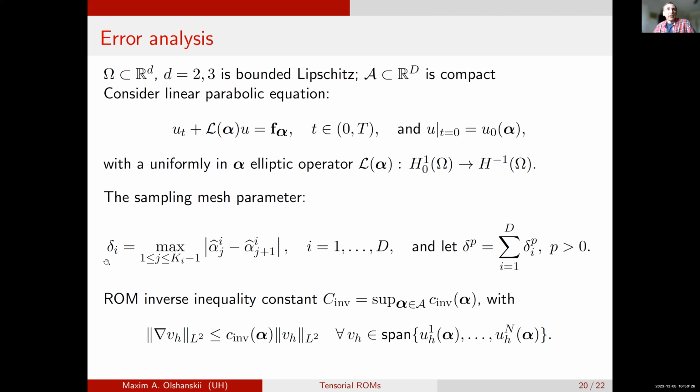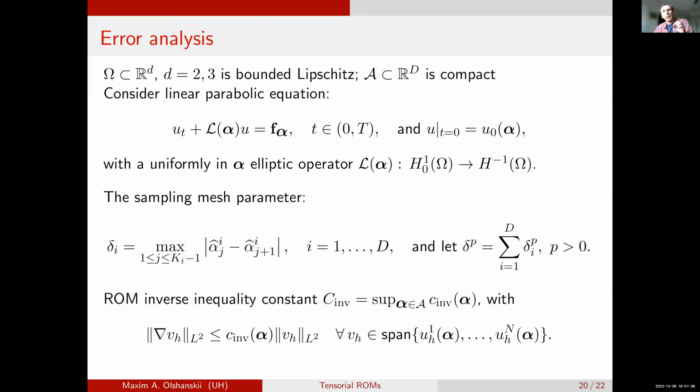I have Cartesian sampling of the parameter domain, and the sampling parameter, which is a mesh parameter in the parameter domain, is delta. I also need a constant from the inverse inequality in the reduced space. This is again standard for the ROM analysis, but now I need my constant not for the universal space, which is the reduced space for all snapshots.